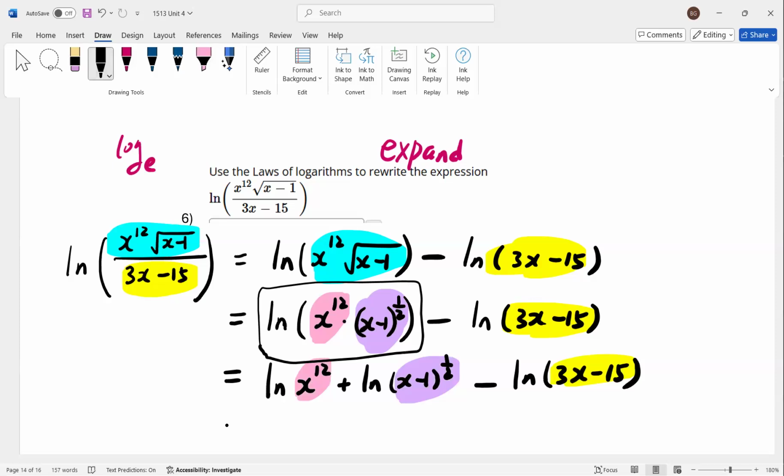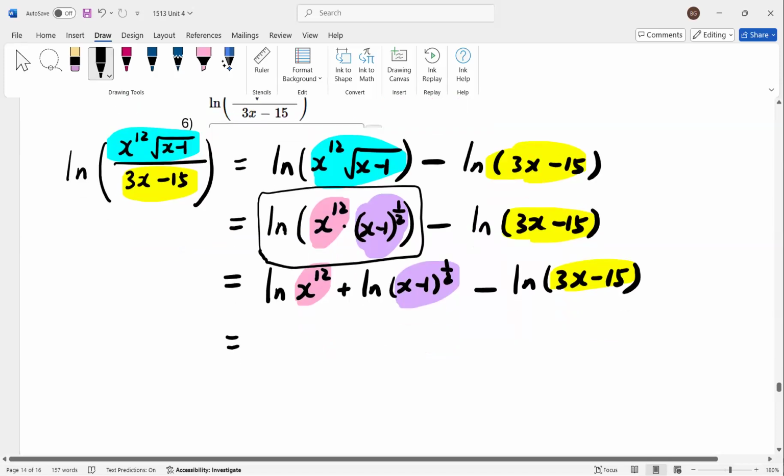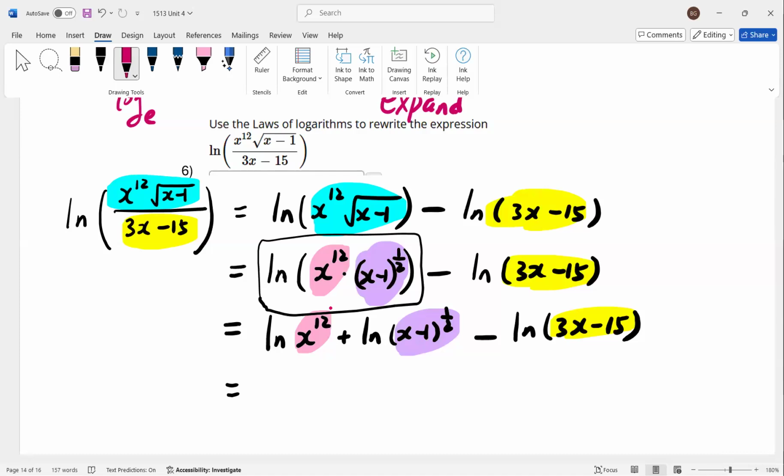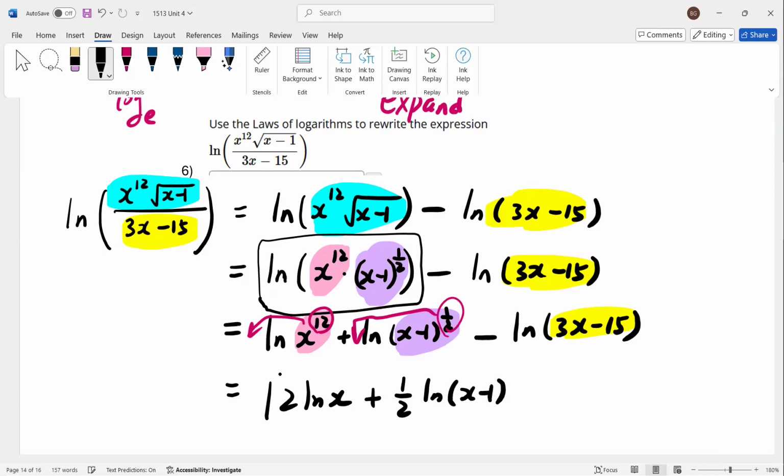Okay, almost there. The pink is a power, so we can use the power rule to move the exponent in front of the log. The purple is also a power, so we can move the exponent half in front of the log. And the result could be 12 ln x plus half ln parentheses x minus 1 minus ln 3x minus 15.